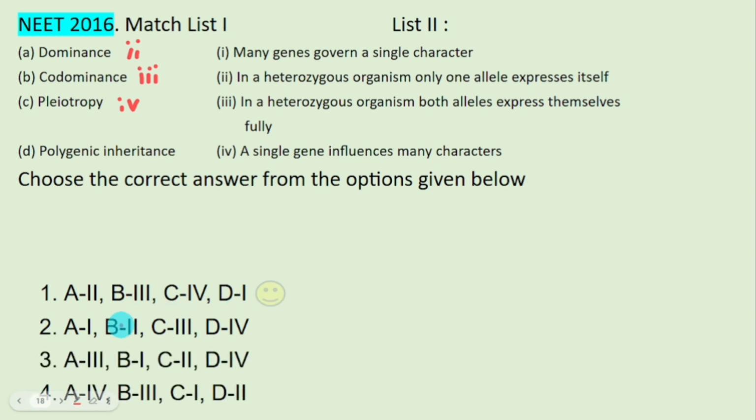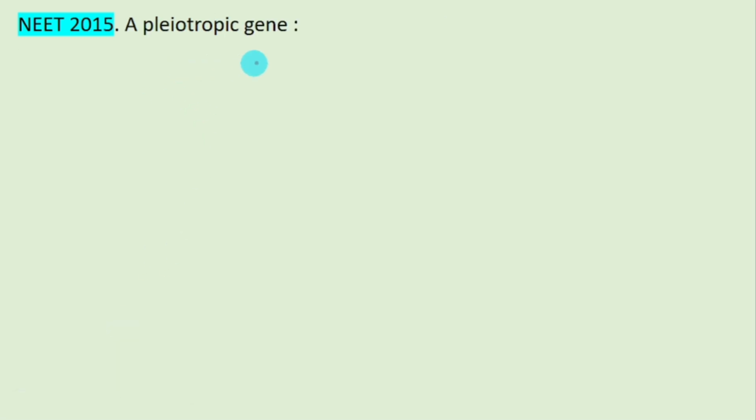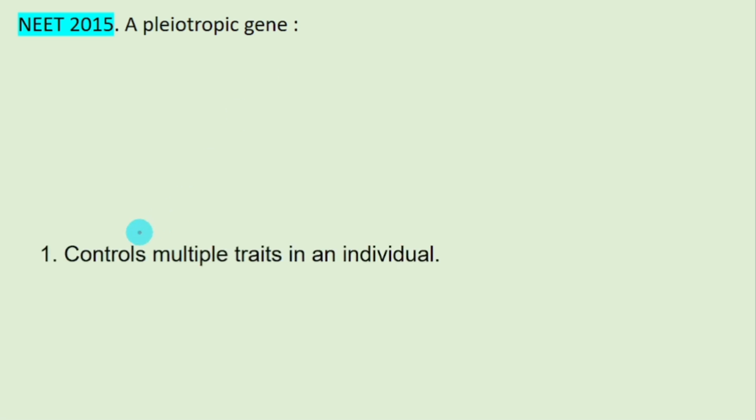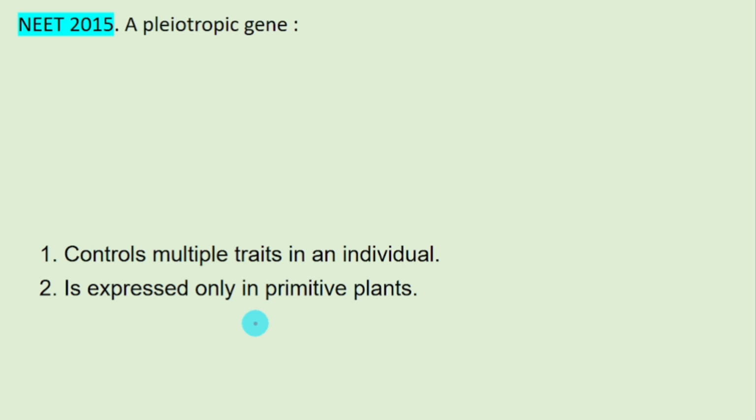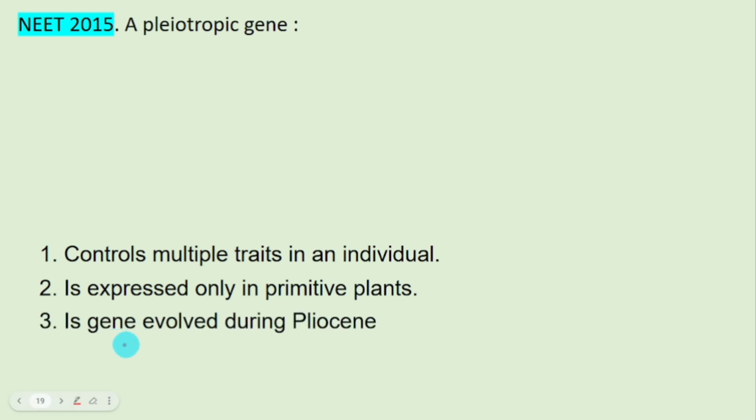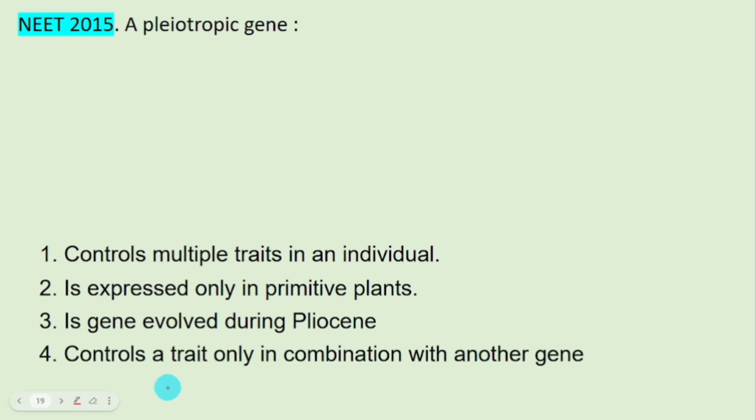This is the answer. A pleiotropic gene contributes multiple traits in an individual. Is expressed only in primitive plant? No. Is gene evolved during Pliocene? No. Control a trait only in combination with another gene. So these three are wrong. Option 1 is the answer.